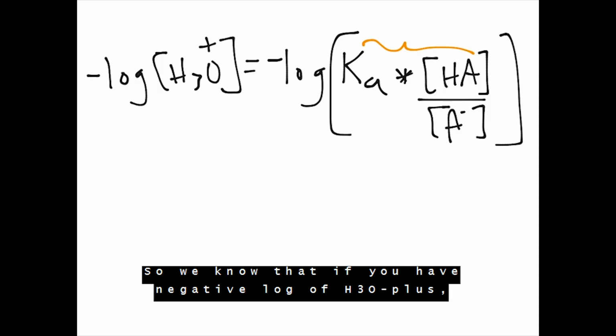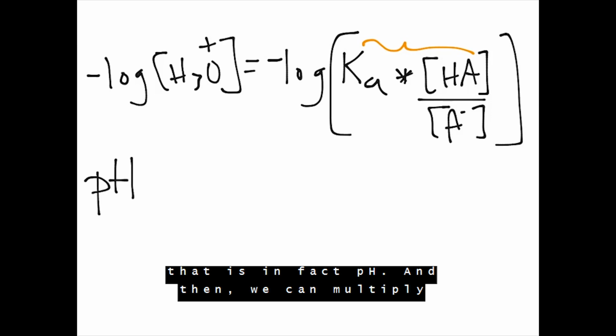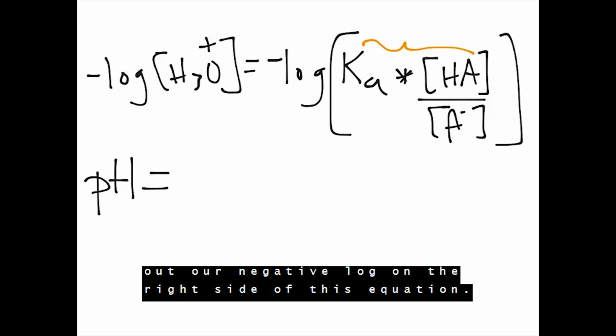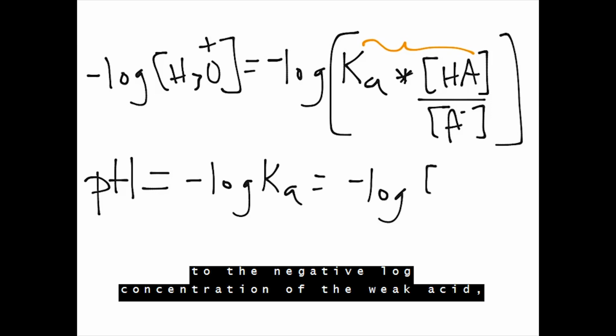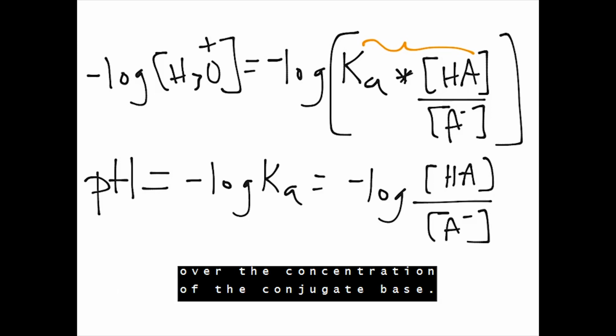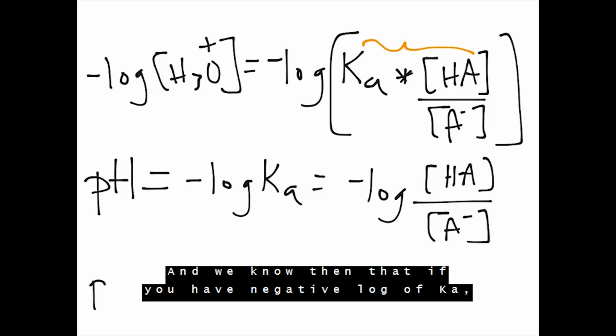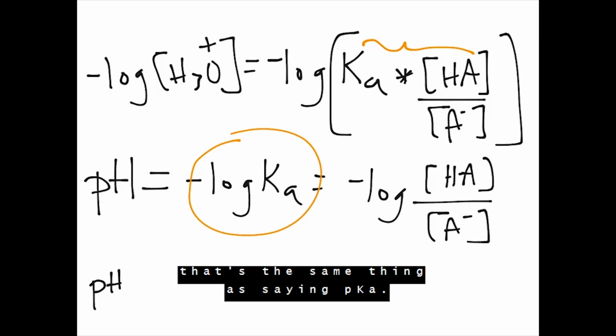We know that negative log of H3O plus is in fact pH. Then we can multiply out our negative log on the right side of this equation. So you get negative log of Ka plus the negative log of the concentration of the weak acid over the concentration of the conjugate base. And we know that negative log of Ka is the same thing as pKa.